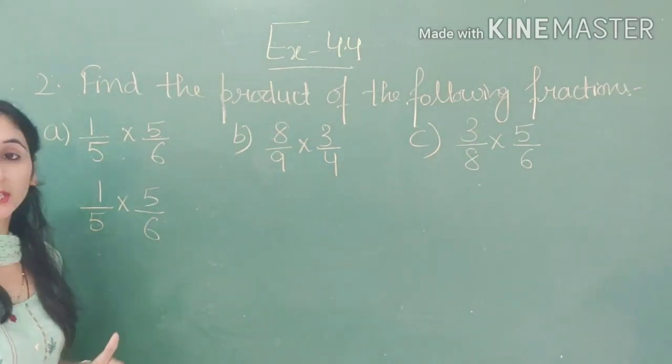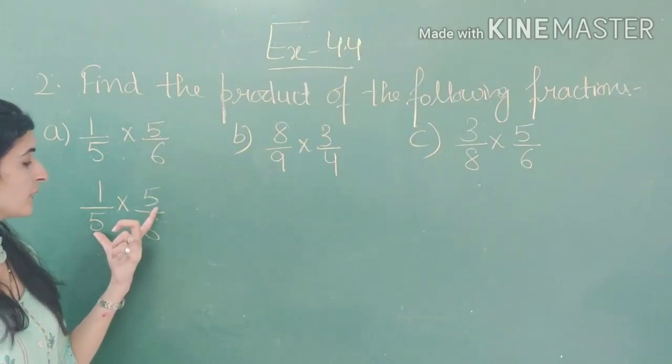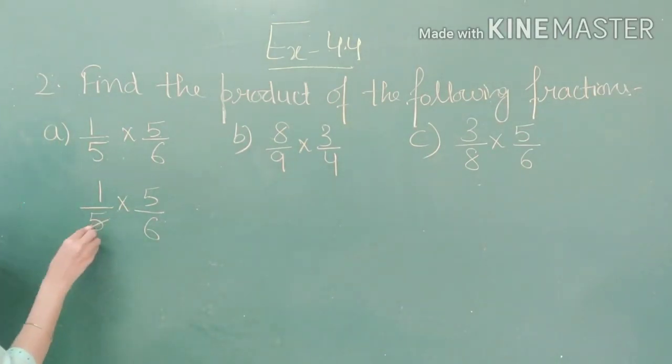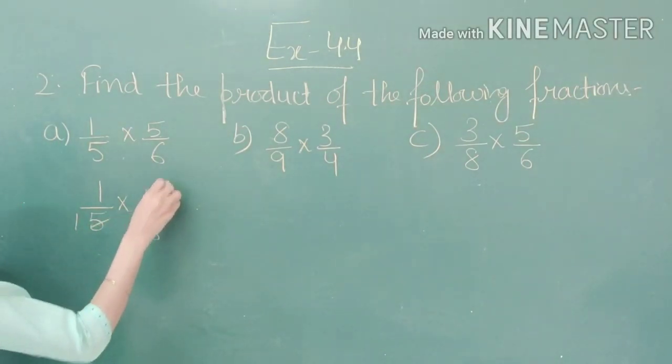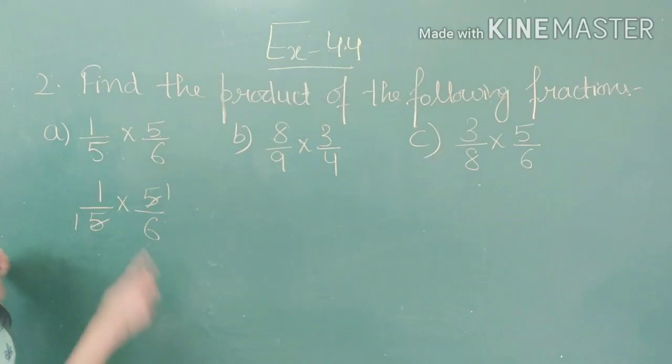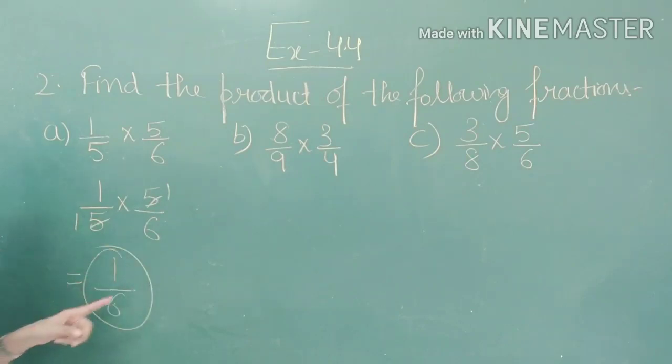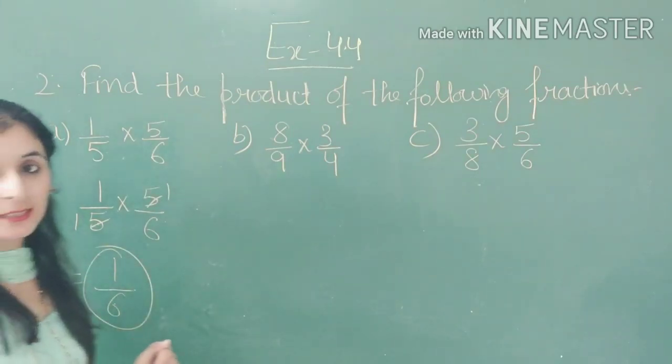So it means both are divisible by 5. So we can divide these both 5 by 5. When we divide 5 by 5, we get 1 and here also we get 1. Now we can multiply 1 ones are 1 and 1 sixes are 6. So the answer is 1 by 6.